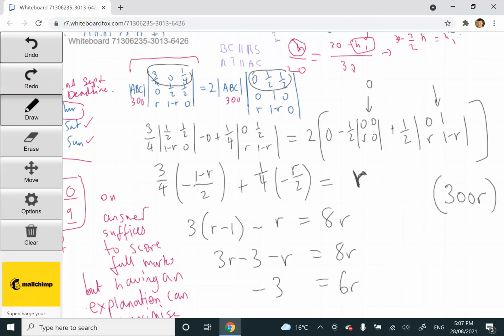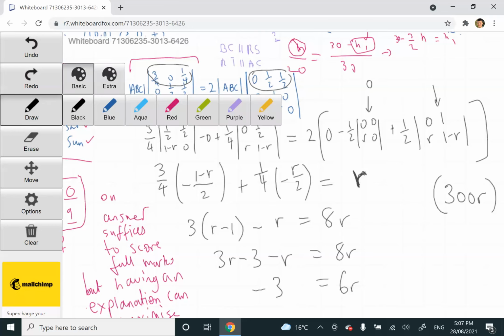It's negative R on 2. Oh, okay. I think I found my mistake.